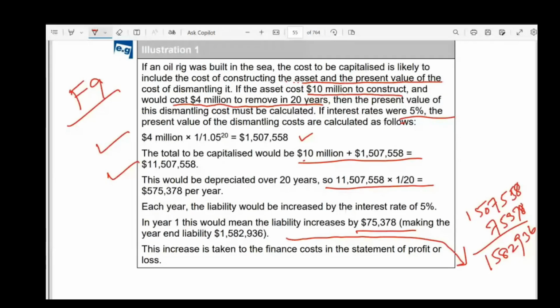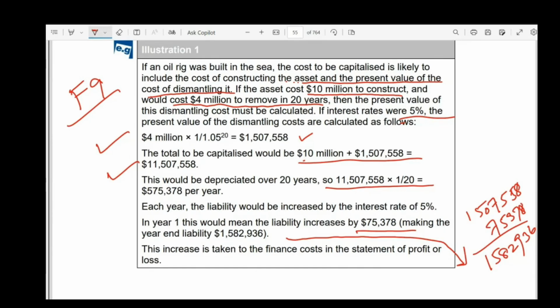So they construct a rig, and then they also have to consider the dismantling cost after the completion of the life of the asset. If the asset costs 10 million to construct, and then dismantling would cost them 4 million in 20 years time.